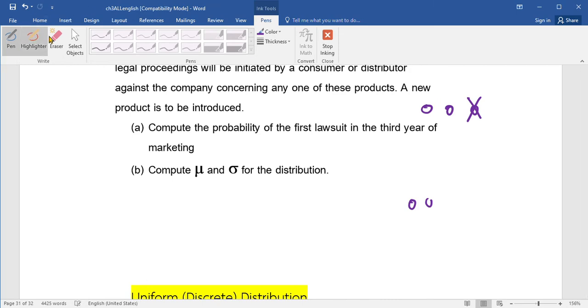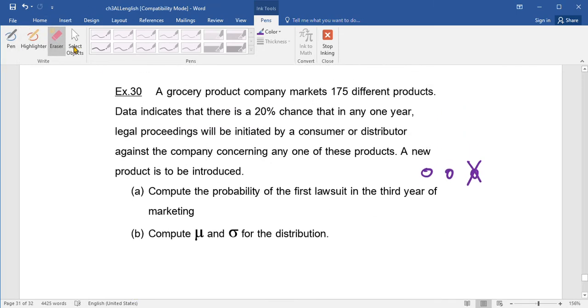So that is a geometric experiment with x equals 3, right? Find the probability that x equals 3. And the probability of getting a lawsuit is 20%. There's a 20% chance that in any one year you will be sued legally. So P is 20%.